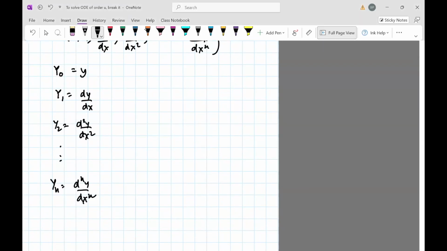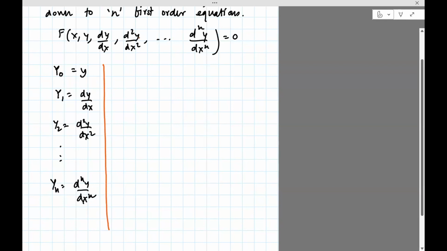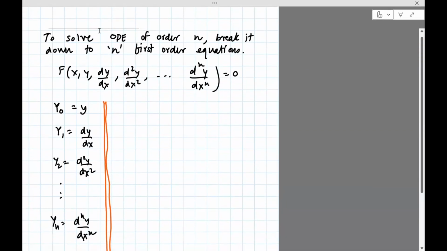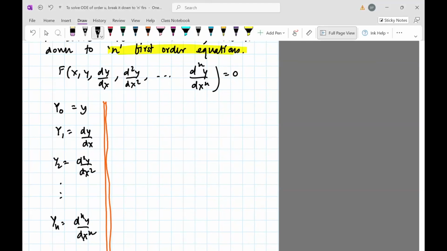Okay, that's the first step. The second step is to write n first order equations. How will we do that? We'll use these uppercase Y's to do that.